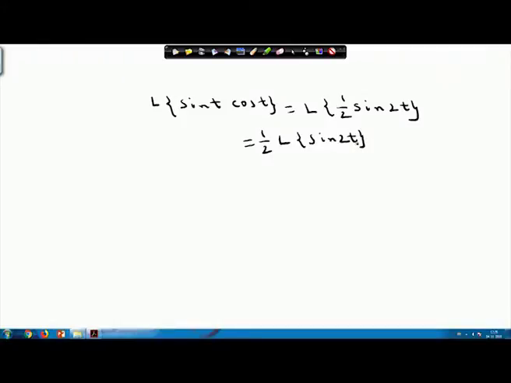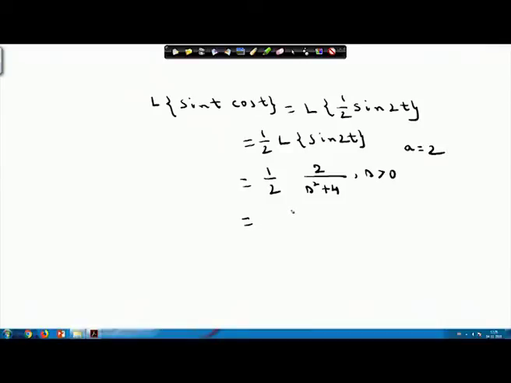Now, we know the Laplace transform of sin a t is a by s square plus a square. Therefore, directly I can write here a is 2. So, 2 by s square plus 4 where s is greater than 0. Please note that for the function a is equal to 2.